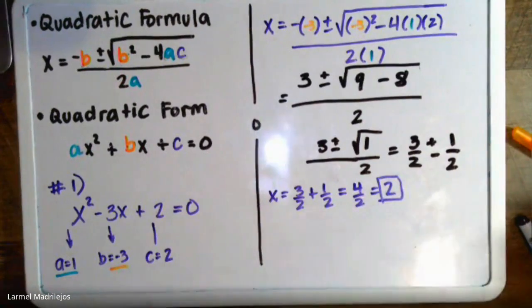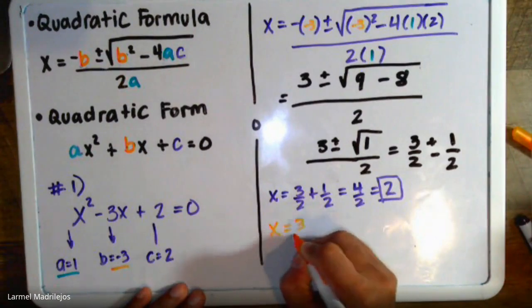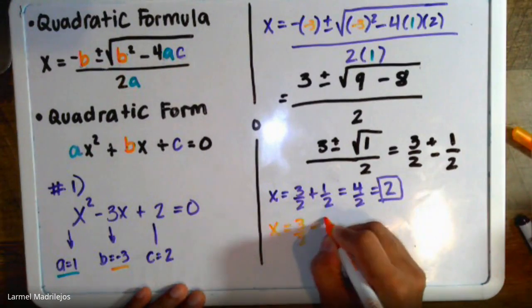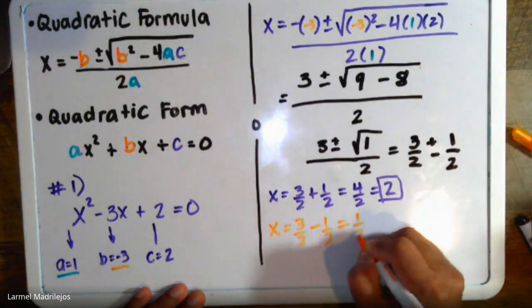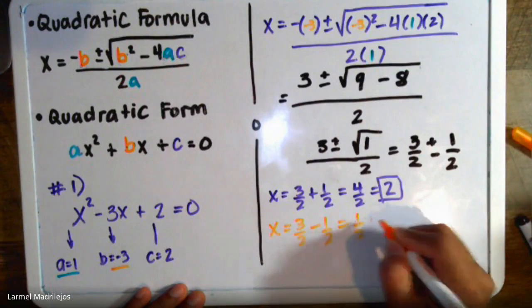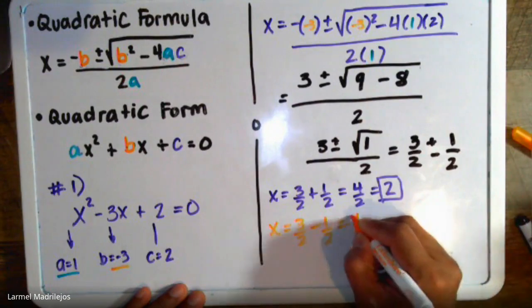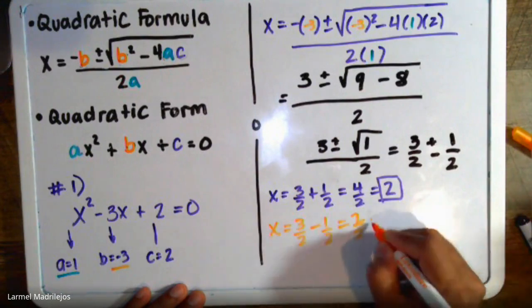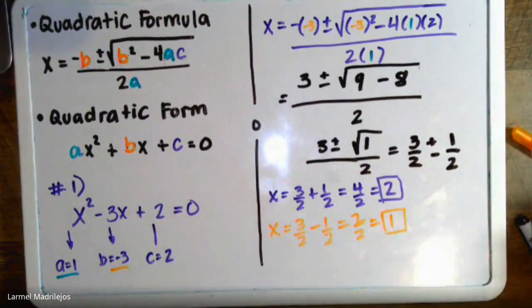That's my first answer. My second answer will be x equals 3 over 2 minus 1/2, which is equal to 2 over 2, or 1. That's the second answer.